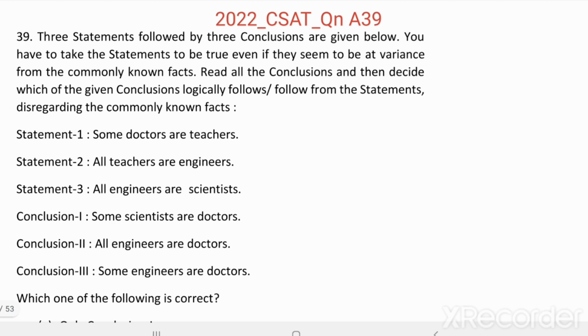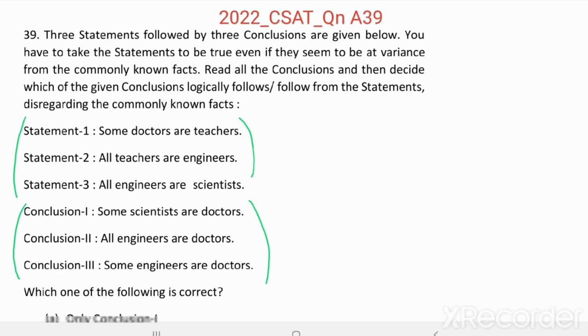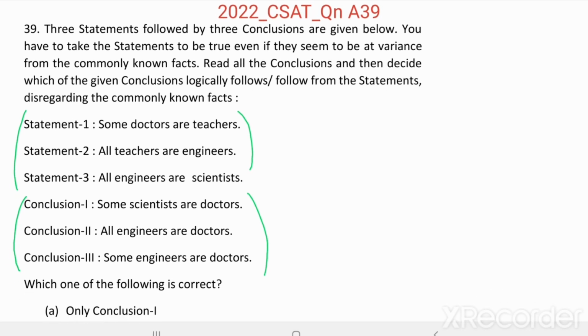Here 3 statements are given. Based on this, 3 conclusions also given. We need to find which of the following conclusions are correct based on the given statement. This is a problem from syllogism. Syllogism problems we can solve by drawing Venn diagrams.